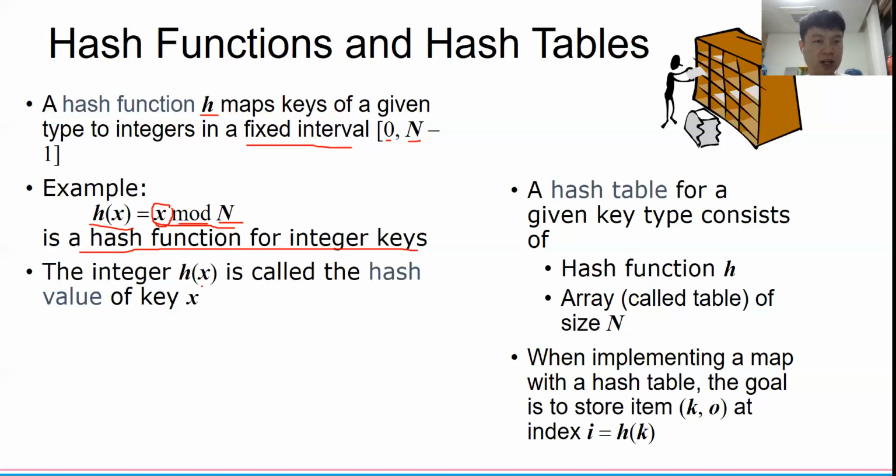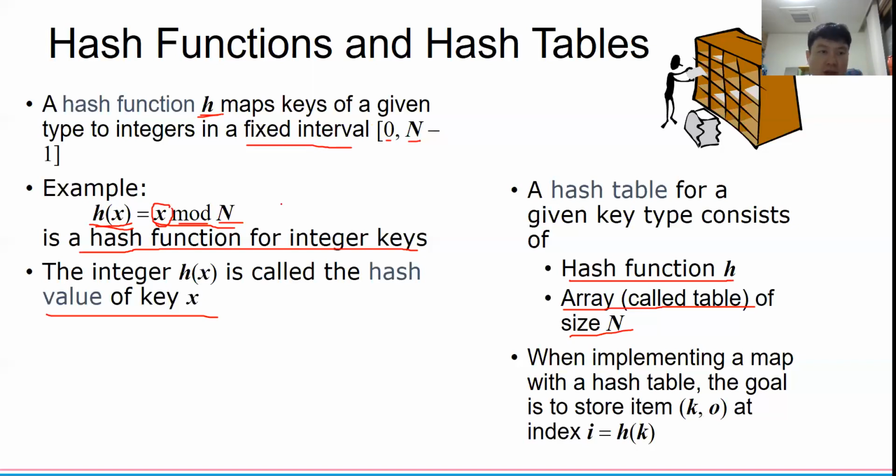The integer h(x) is called the hash value. And the hash table for a given key type consists of a hash function and an array of size n. Okay. So when you have the hash table, it means you have the hash function, which is this one, and you have the array.